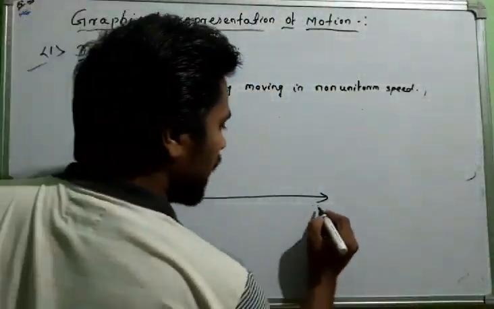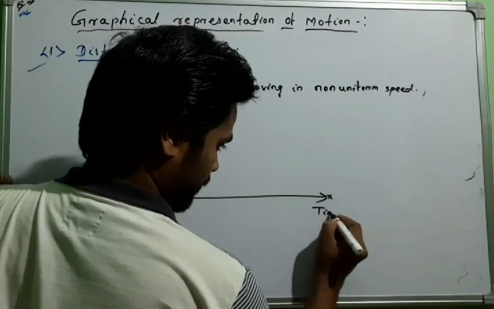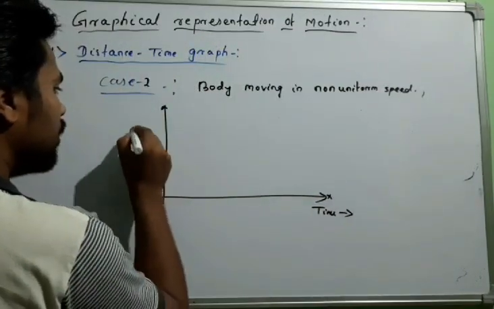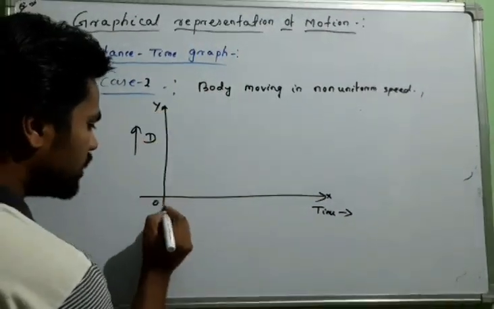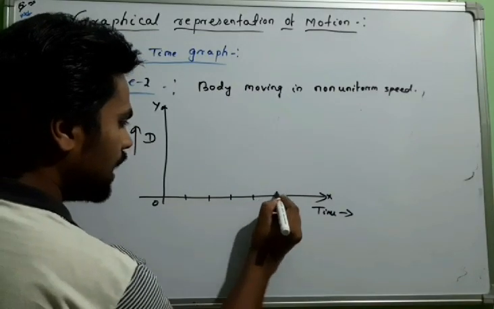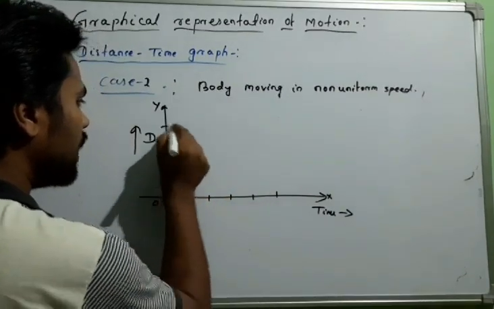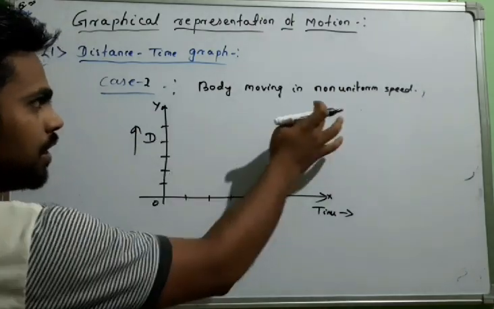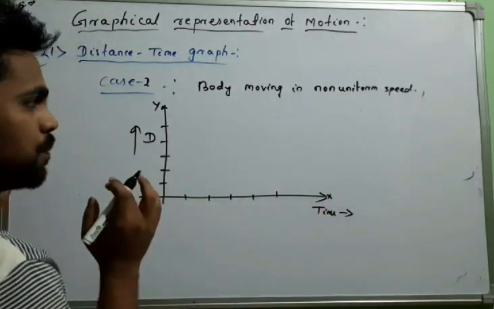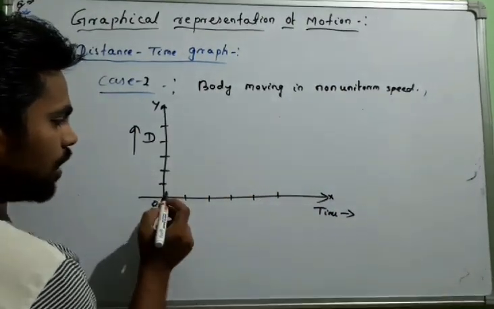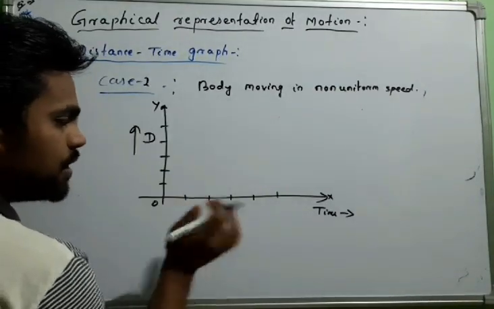If I take time on the x-axis and distance on the y-axis, this is the origin, 1 2 3 4 like this. When a body is traveling at non-uniform speed, the distance is unequal for equal intervals of time.